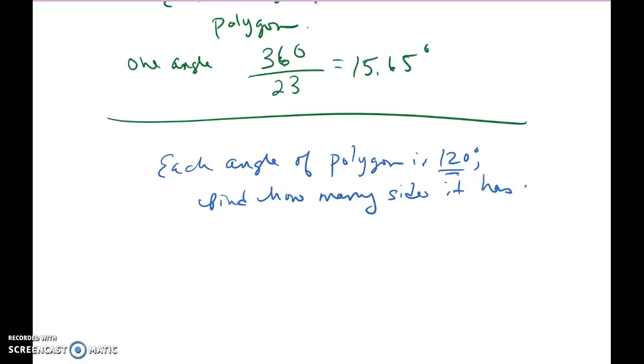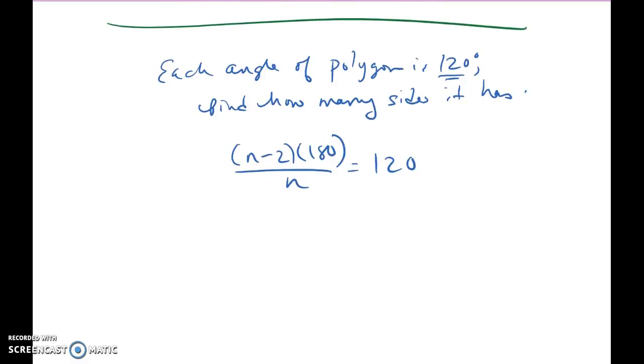Well, I need to figure out, instead of dividing something, basically, let's see. If I set up an algebra equation, it could look like this, where I'm saying, okay, somehow I need to do all of this divided by n equals 120. And this is the hardest kind that there are, I guess, because what you would have to do is start by multiplying that n to the other side, just using a little bit of algebra.